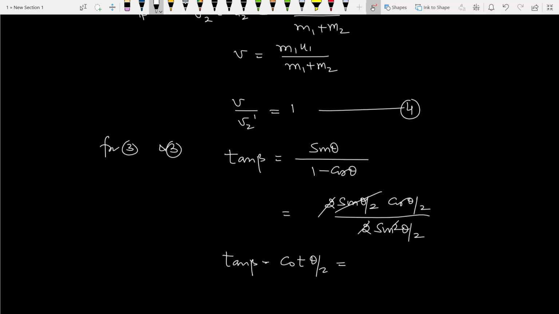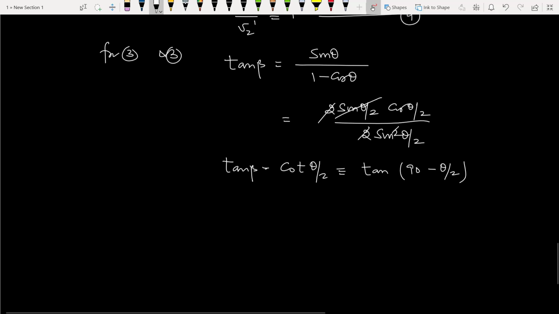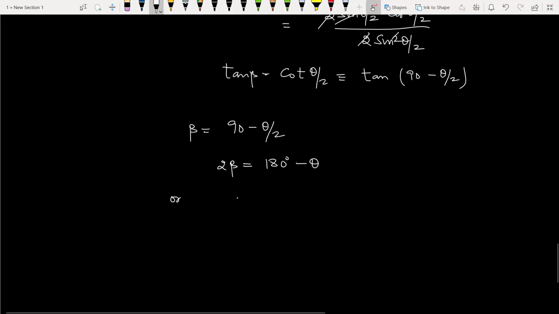So we can write this as equivalent to tan of 90 minus theta by 2. So here beta will be equal to 90 minus theta by 2. So 2 beta, multiplied by 2, it is 180 degree minus theta, or we can say 180 degree minus theta is equal to 2 beta. So this is the desired relation.